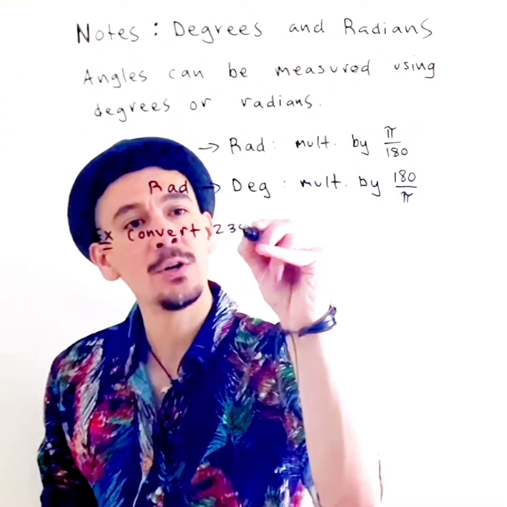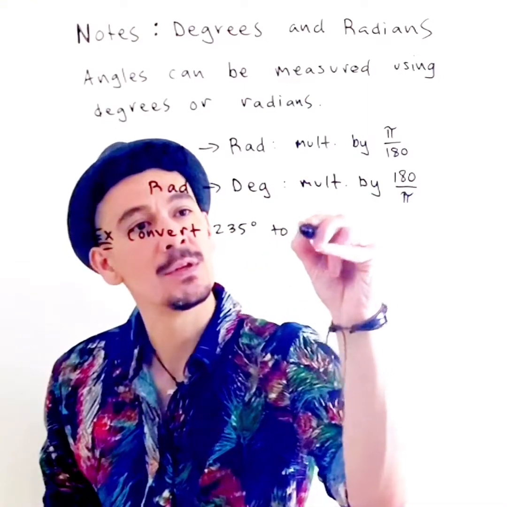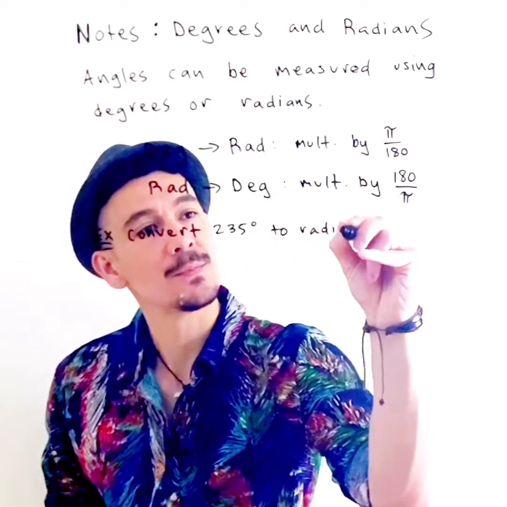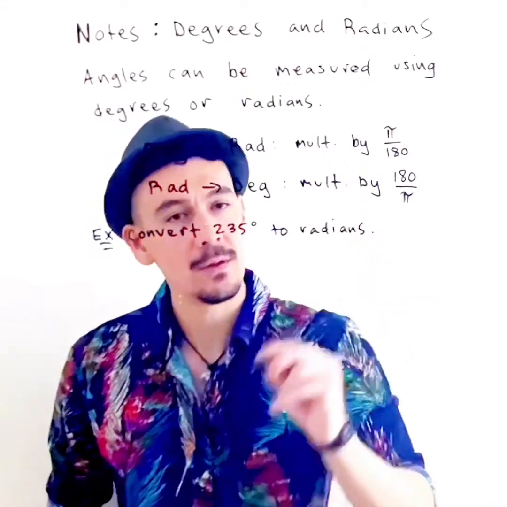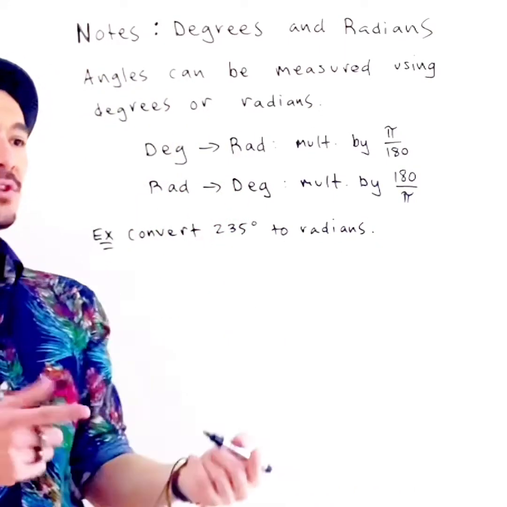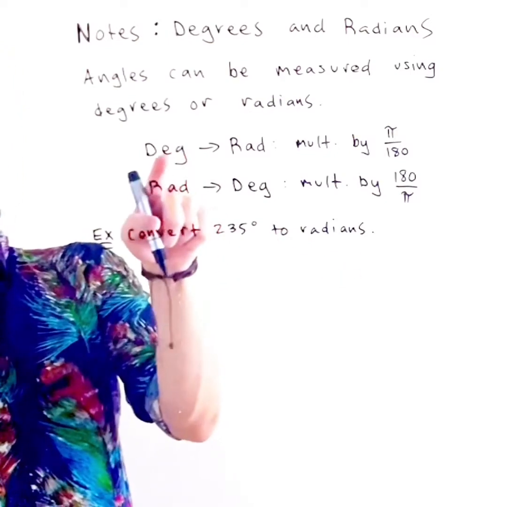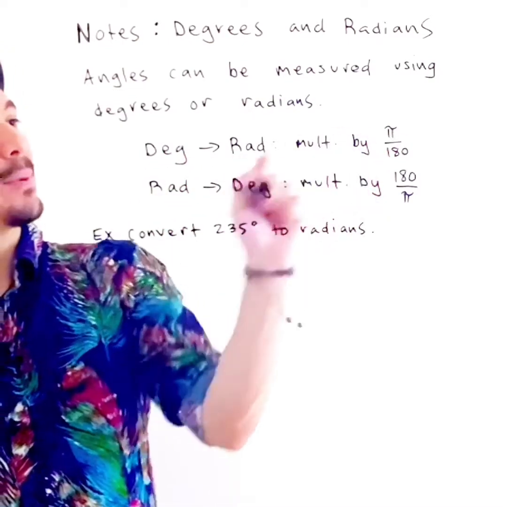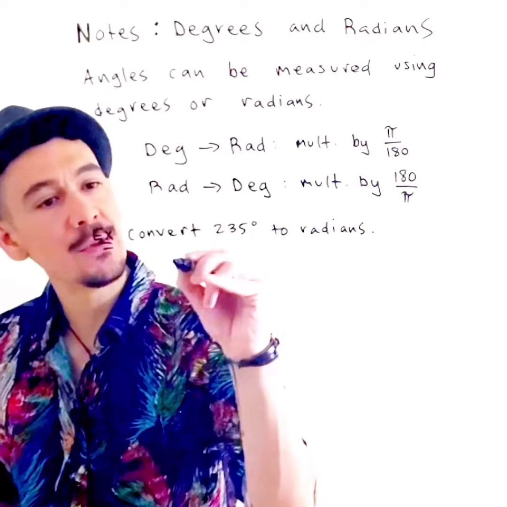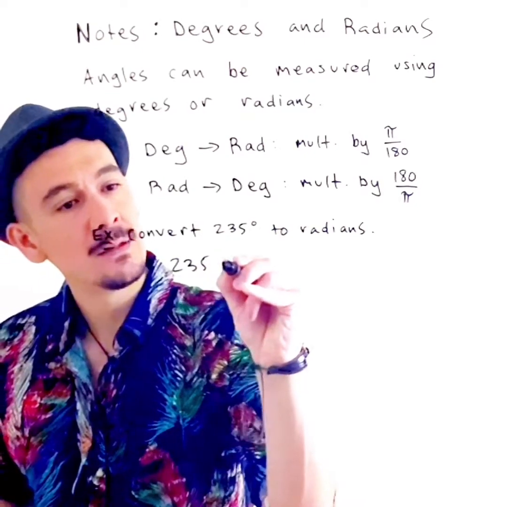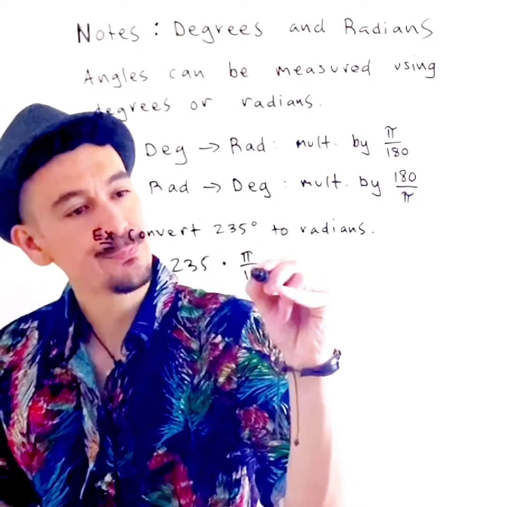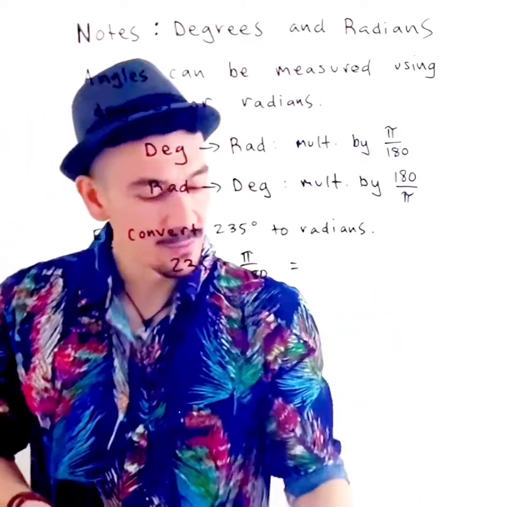Convert 235 degrees into radians. So let's see how to do this. 235 to radians means you're going from degrees to radians, so I multiply by pi over 180. So I go 235 times pi over 180.